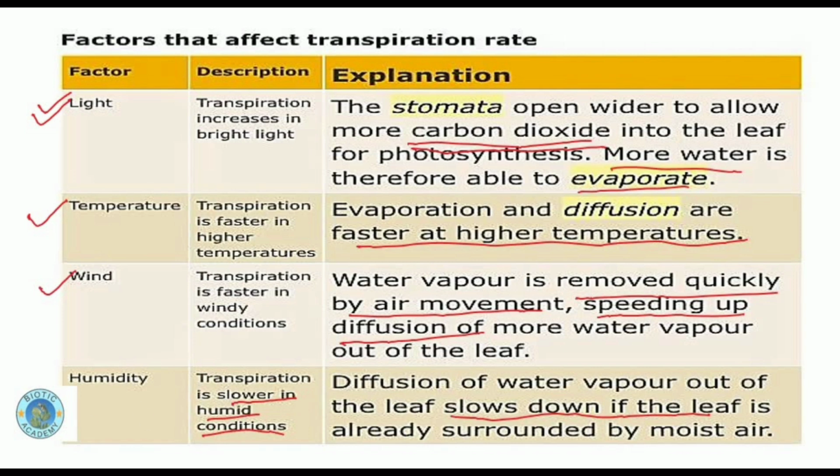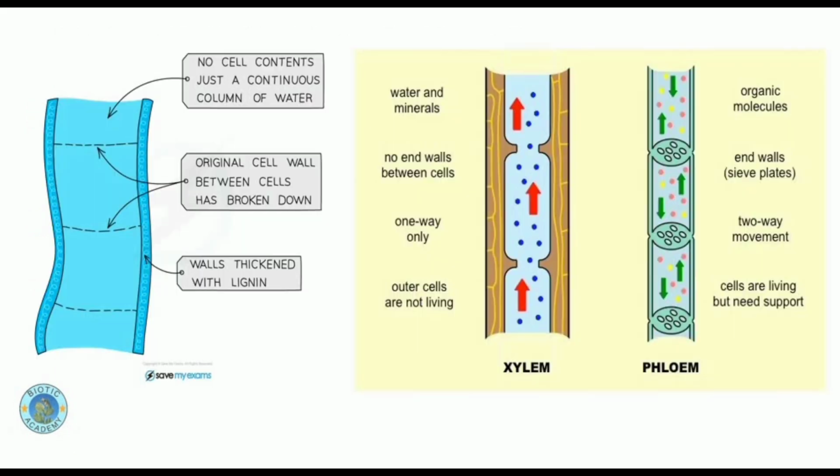Now this rate of transpiration is based on the structure of the xylem vessel. Xylem vessels are the vessels which conduct water from the roots to the leaves. So we must know about the structure of the xylem vessel. Basically, they don't have any cross wall.